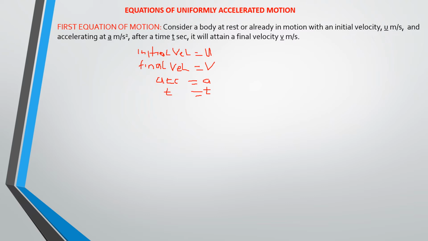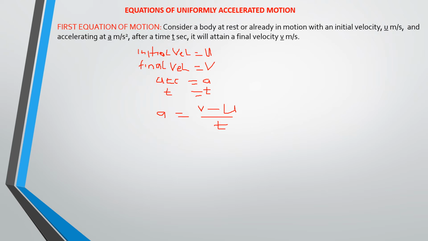Okay, so we know that acceleration a is given to be what? Change in velocity, which is v minus u, all over t. That is final velocity minus initial velocity, all over the time taken, gives you the acceleration.